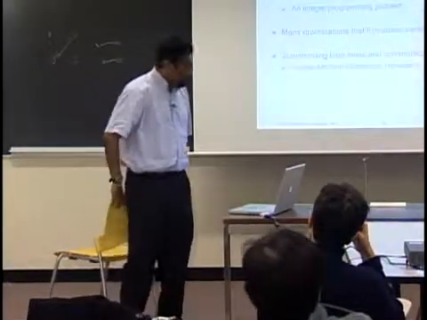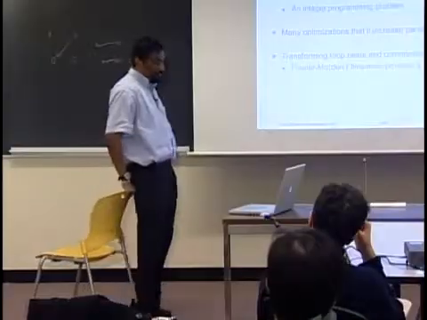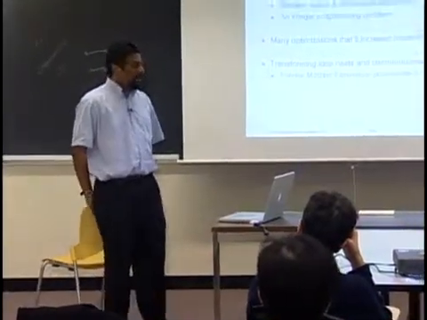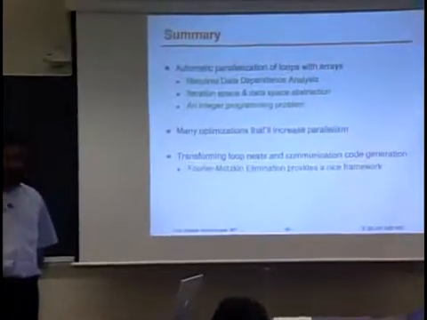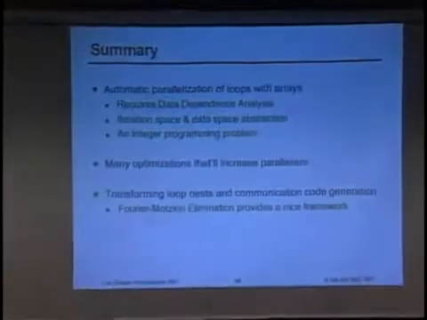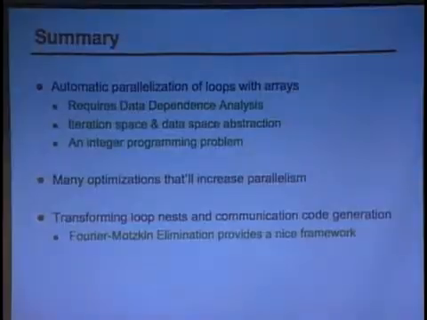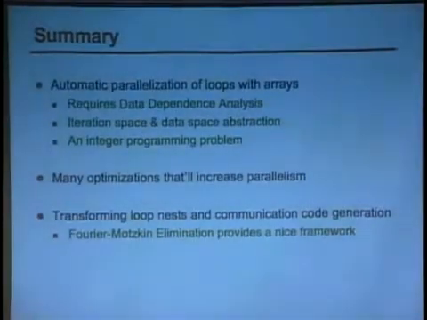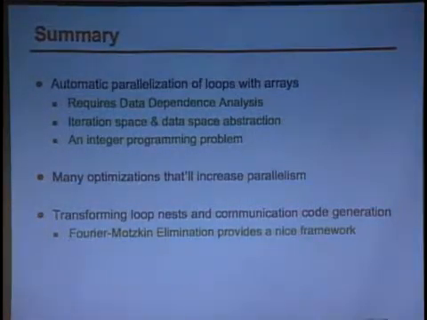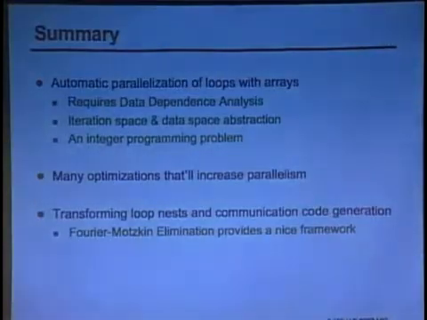Okay, in summary, on automatic parallelism of loops and arrays, we talked about data dependence analysis, and about iteration and data spaces, how to do that, and how to formulate it as an integer programming problem. We can look at a lot of optimizations that can increase parallelism.